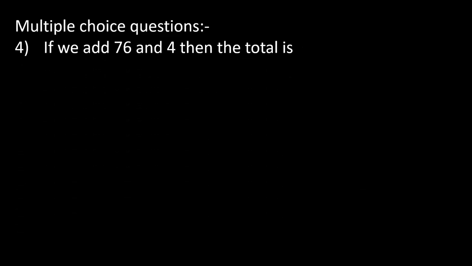Now the next is question number 4. If we add 76 and 4, तो बेटा जब हम 76 और 4 को add करेंगे, then the total is dash. Okay, and our options are A 76, B 4, C 80, D 60.